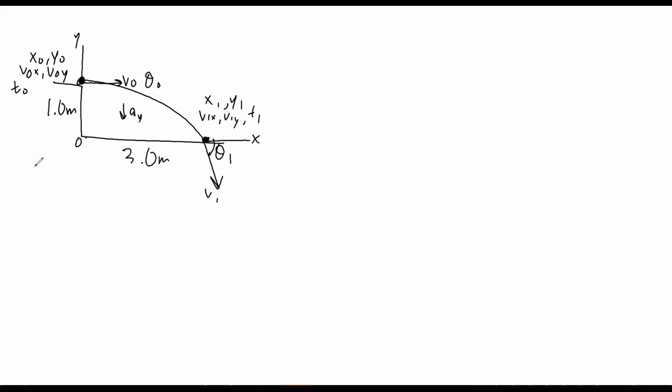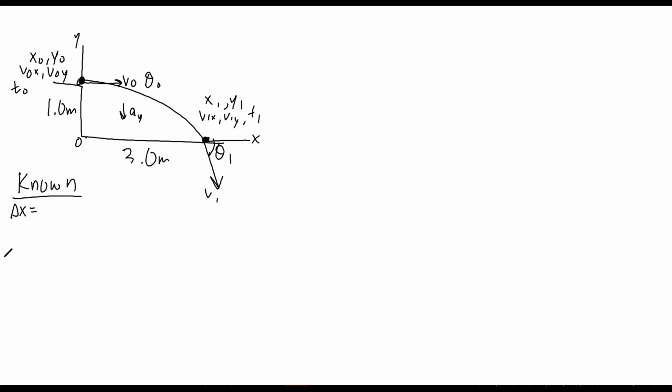What do we know? That's the next step of this problem-solving strategy, and we write that down in some spot. In this example, we know initial and final positions in both directions. So it's more convenient to use just delta x and delta y for displacement.